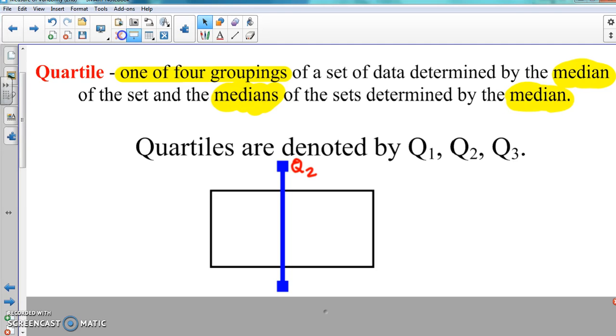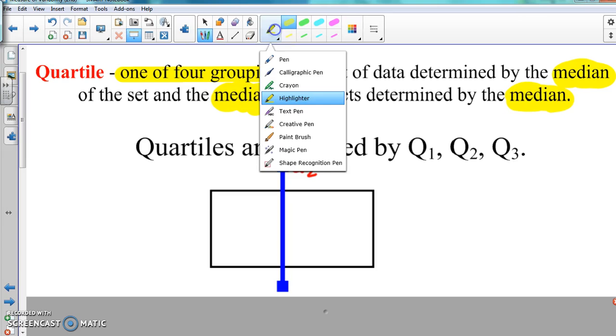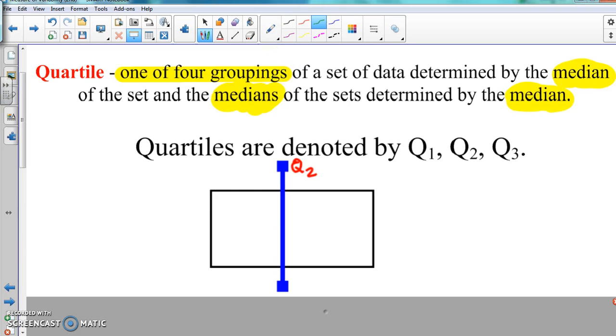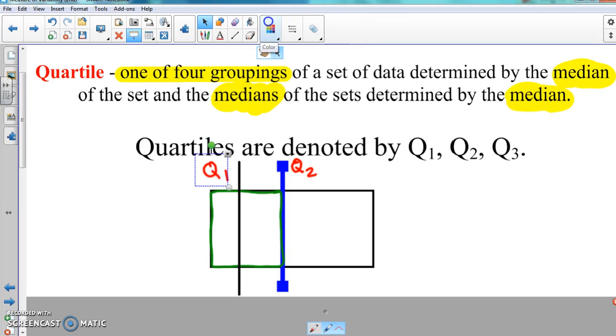Okay, now, when it comes to this first set of data, let's say we're looking at this side right here. That first set of data, if we take a look at those numbers in that green box, and you find the median of that set, that green set right there, that is Q1. That's Q1 right there. So the median of this set right here, and again, that's not in this exact spot, but it's about something like that.